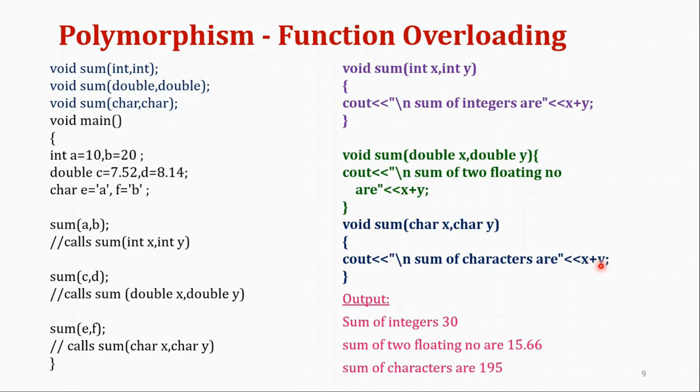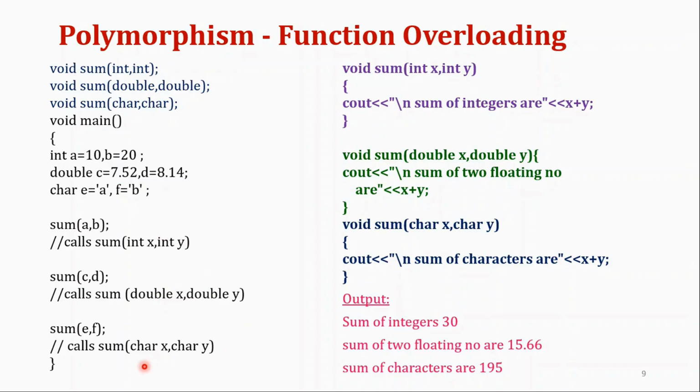For characters, the sum is done using the ASCII numbers, so the return is also converted to the ASCII number. In the main function, I'm passing the respective integer parameters for the first sum, so that function will be found. For the second, double x and double y will be passed. There is no need to specify double for x and y; the two values are passed over there.